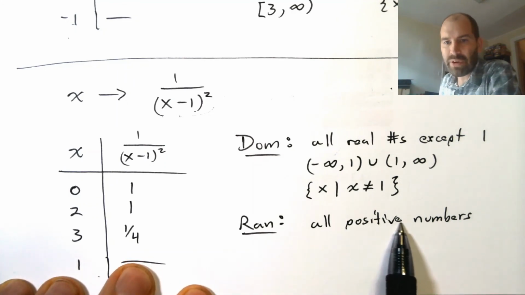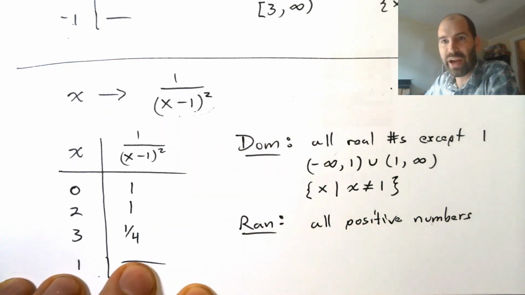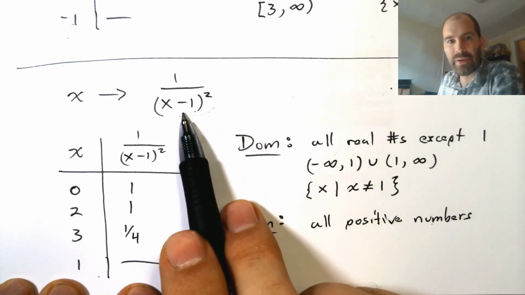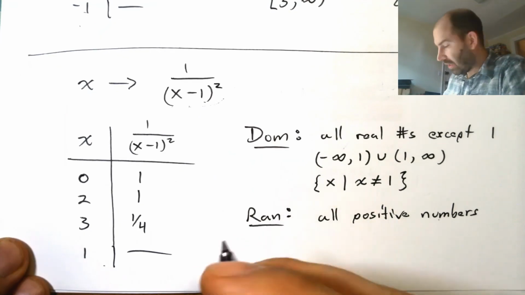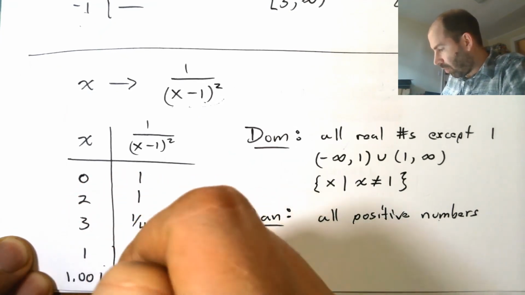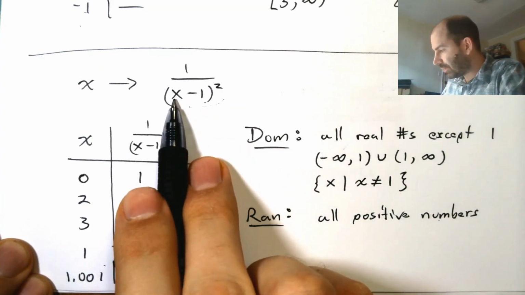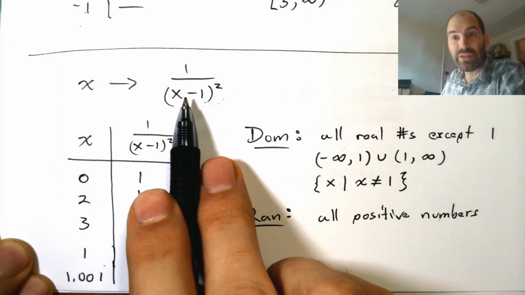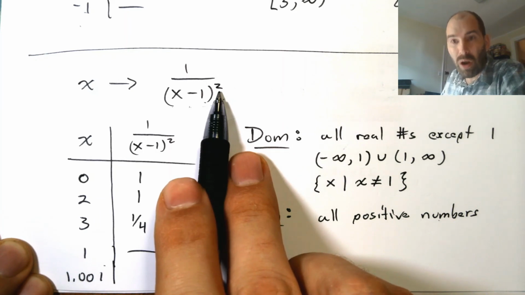Why can it be very big? I mean, we explained why it can be very small. Just plug in a big number for x. How could I get this to be very large? Well, let's try plugging in a number like 1.001. 1.001 minus 1 is 0.001. 0.001 squared is 0.00001.